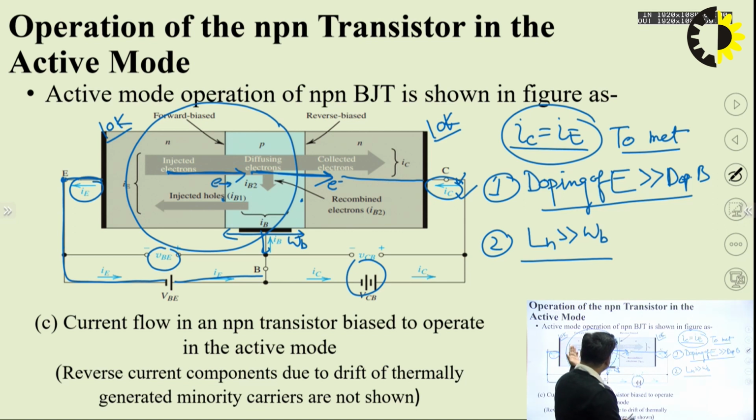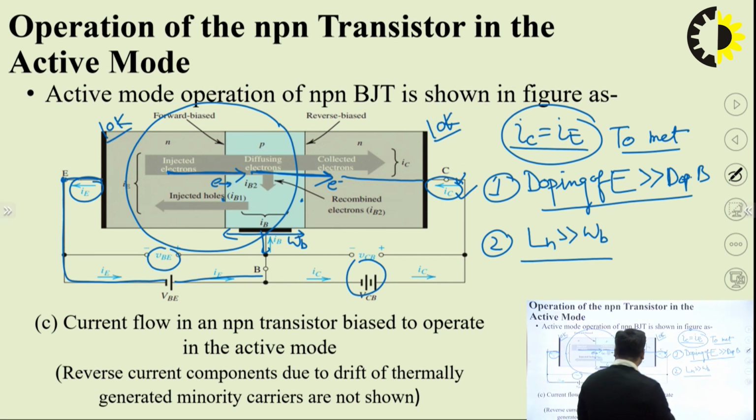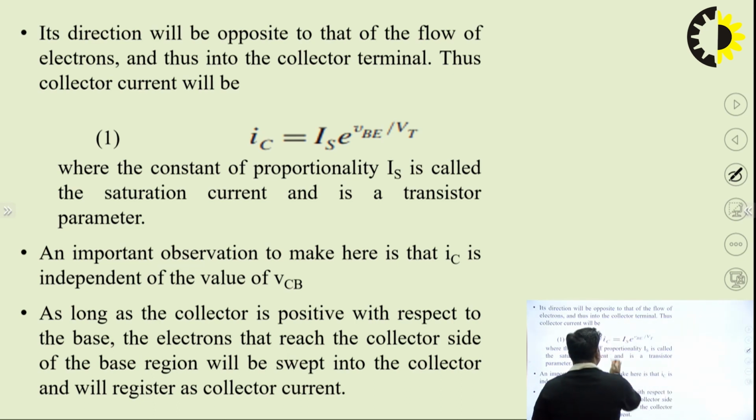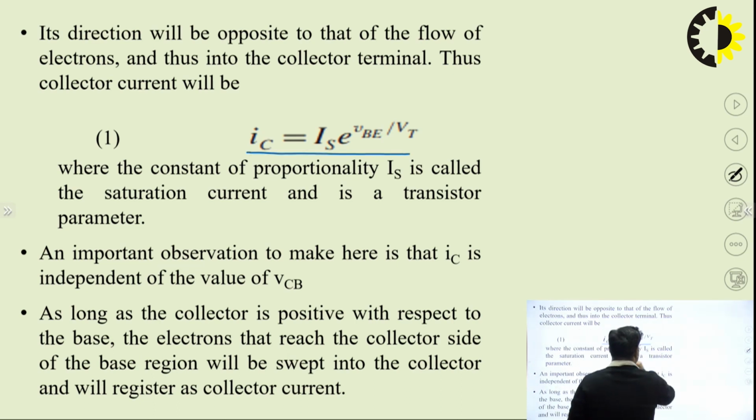If more electrons are injected, since doping of base is less, then more electrons are collected at the collector terminal. So IC will directly depend upon the value of VBE. This is shown in the equation that the collector current IC depends upon VBE.